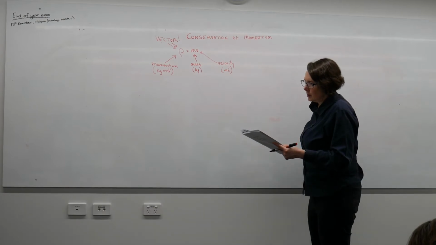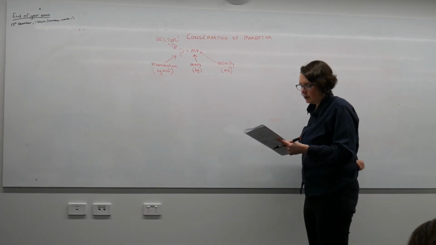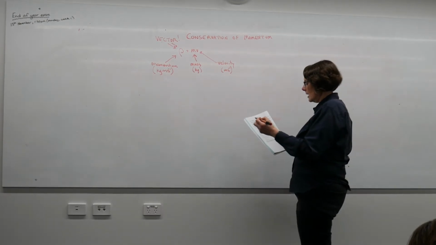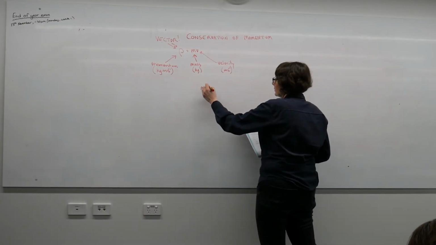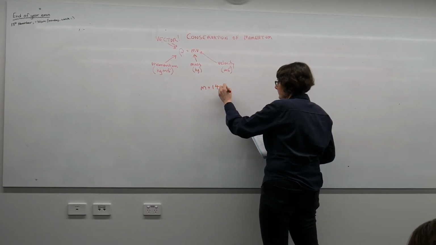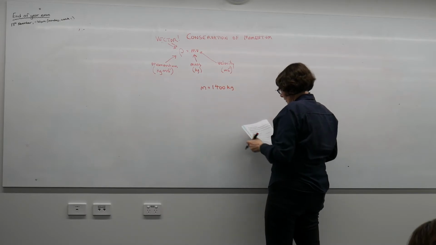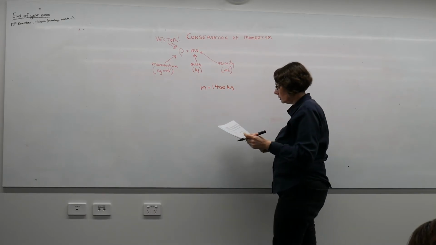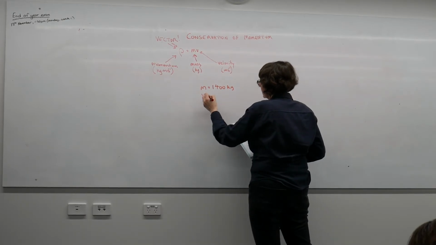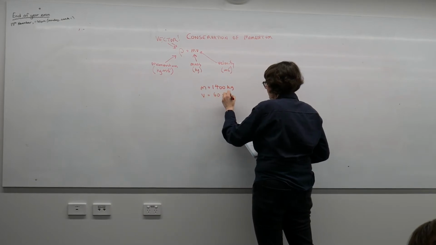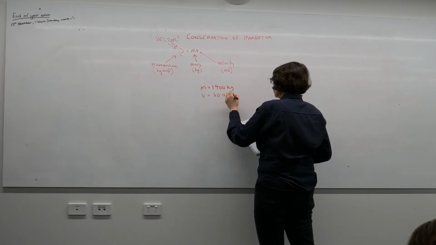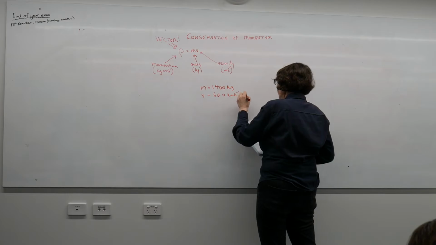All right, so we can start out with our worked example, where we have a car with a mass of 1,400 kilograms, and it's moving at 60 kilometres an hour north.